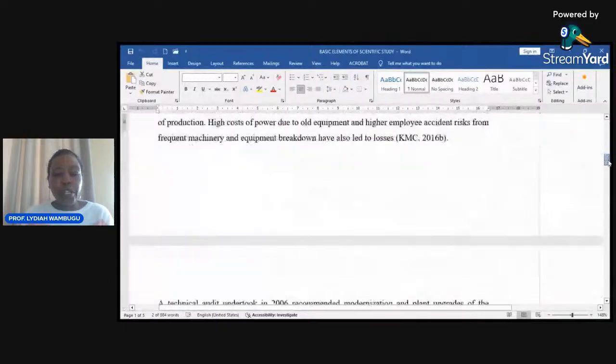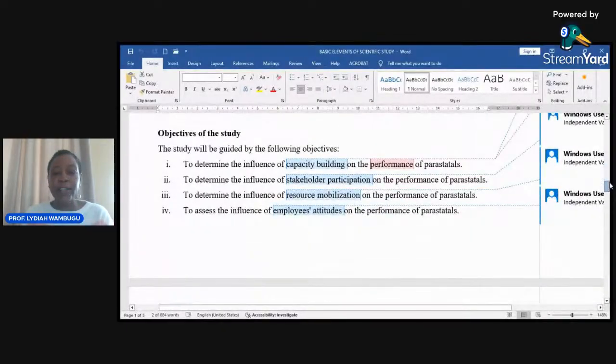So if we go to this student's work, at the objectives of the study, the variables that the student has been able to come up with from the word institutional capacity are, 1, capacity building. You can see the word performance does not change because this is the dependent variable.